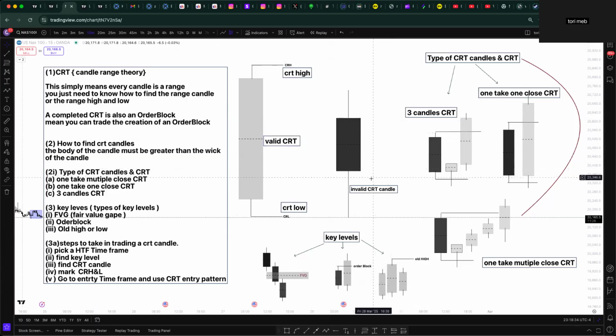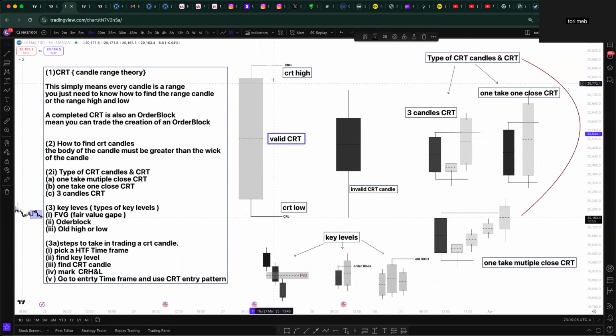For the color patterns, I like using black as my bearish candles and this gray color as my bullish candles, so don't get confused. I don't like using red and black, but you can do whatever you like. It's just a chart and it's your own perspective, how you make things work for you. So this is a valid CRT candle.